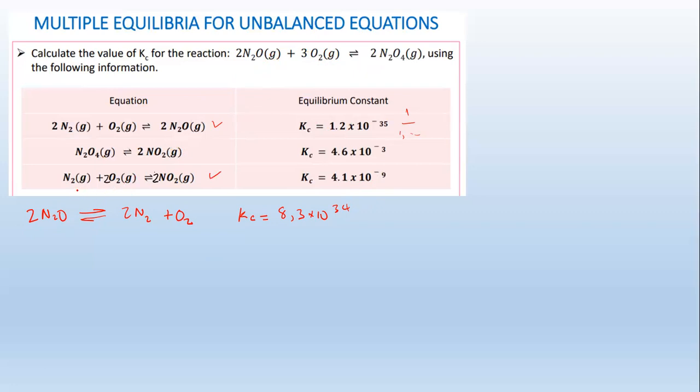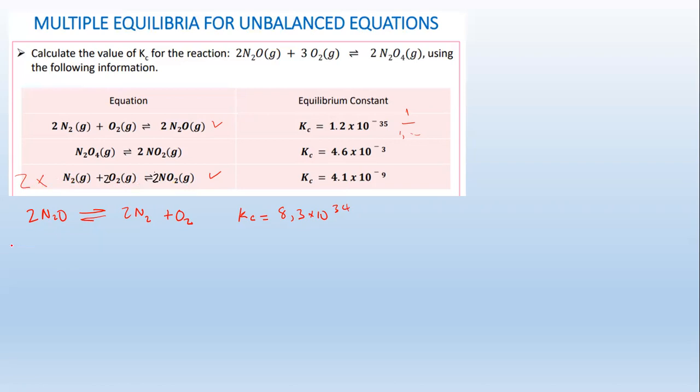It also has nitrogen gas, and we want to get rid of the nitrogen gas because there is no formation or addition of nitrogen gas in the overall reaction. This nitrogen gas is supposed to cancel with the nitrogen gas in the other equation when I add these two reactions. So I'm going to multiply this equation by 2, and I'm going to write it as it is because the oxygen is already on the reactant side.